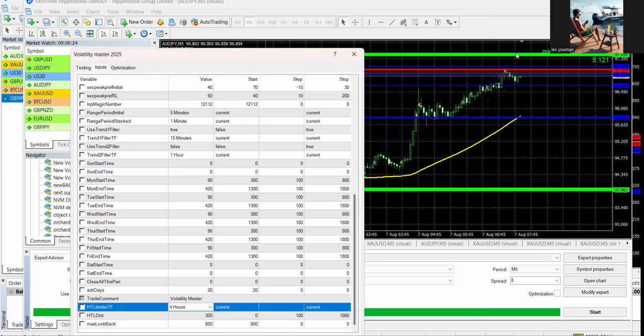All right, so that's a new feature, but I think a pretty exciting one. It's just removing that chance of trading during that danger zone.